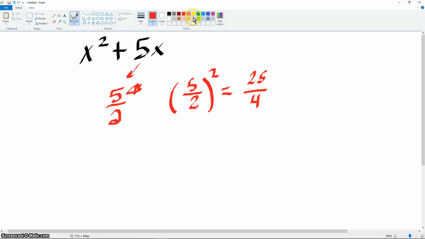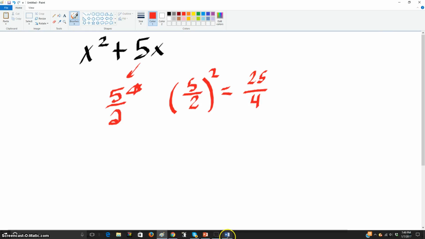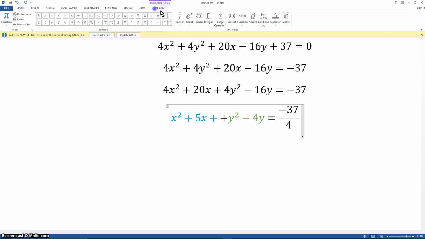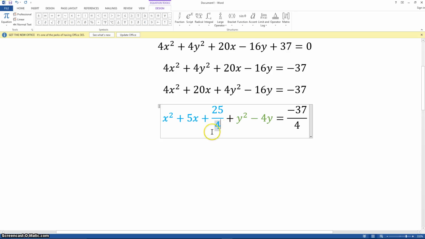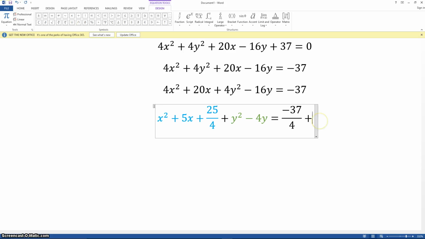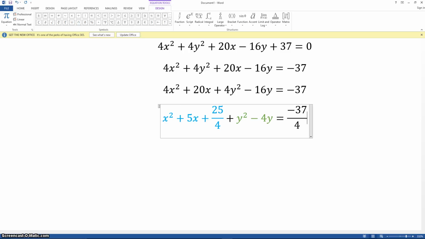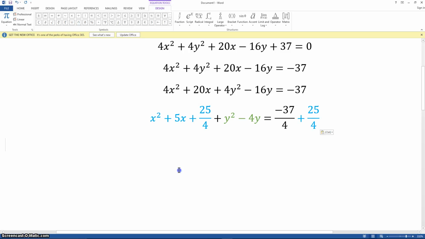That is what I add, 25/4, to make it a trinomial. So it's going to be a plus 25/4. But you have to remember the law of conservation of mass, like you've learned in chemistry: whatever you do to one side, you must do to the other. So I'm going to go ahead and add it to the other side as well.